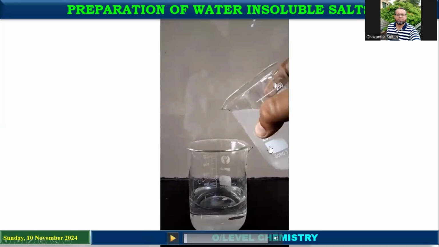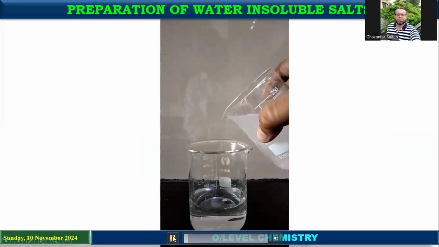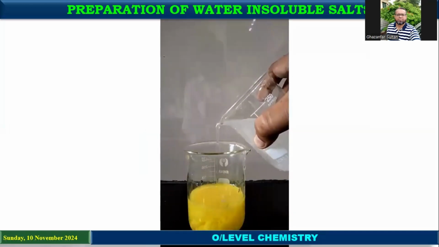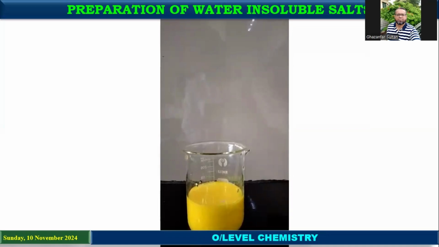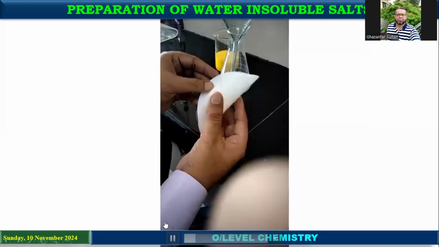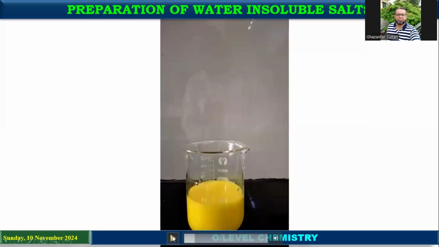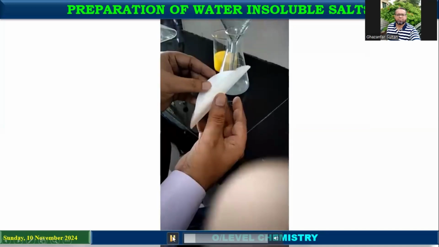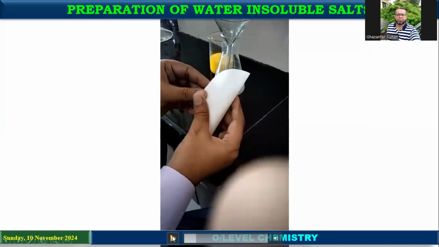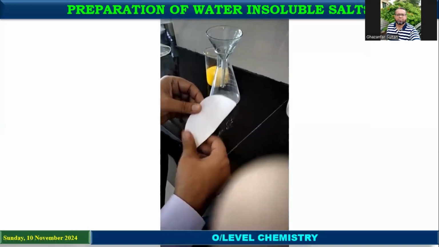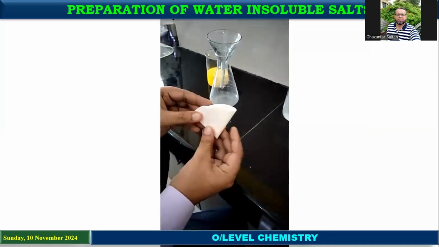These are the two solutions we are mixing together. See, yellow precipitates are obtained. Now, next we are making a cone of the filter paper. See again, this is the first fold. Then it is the second fold.